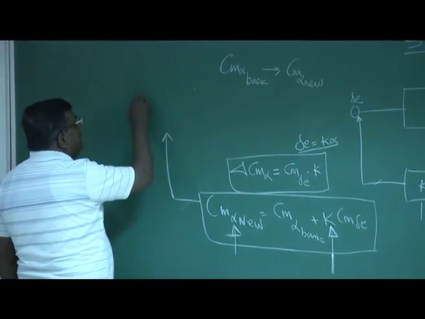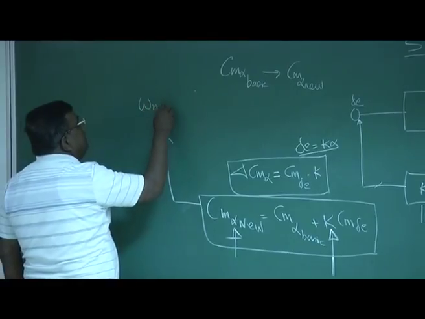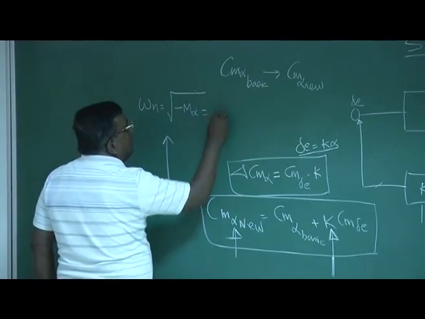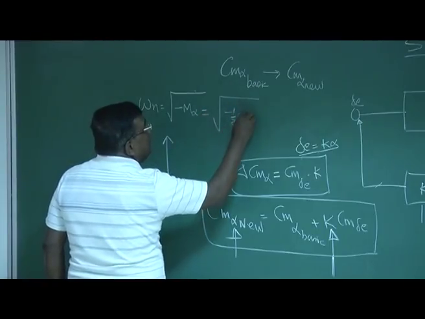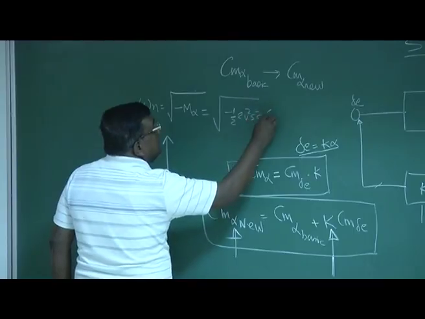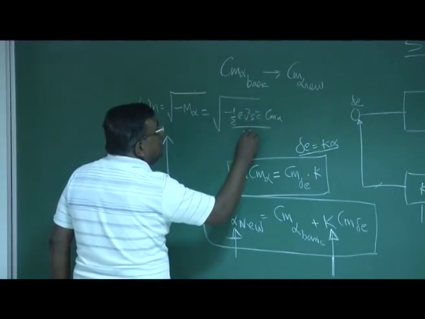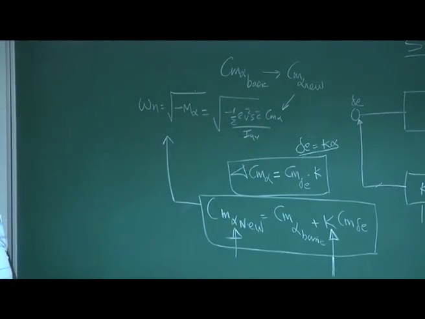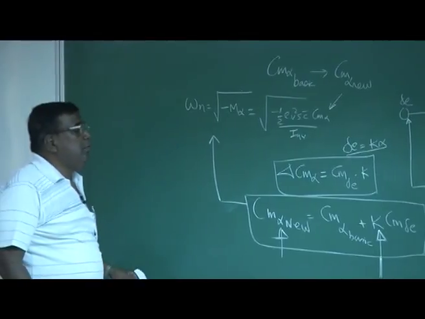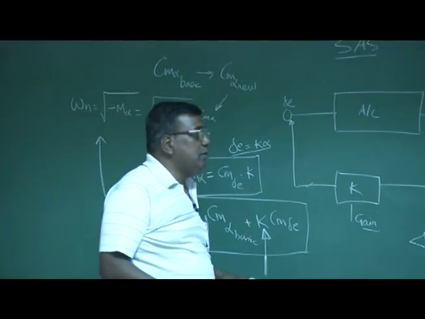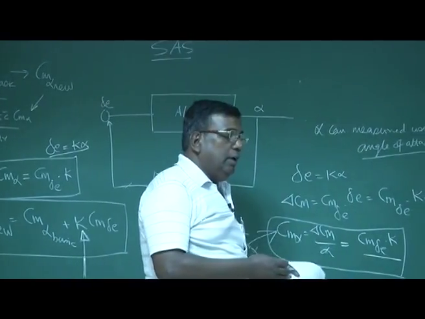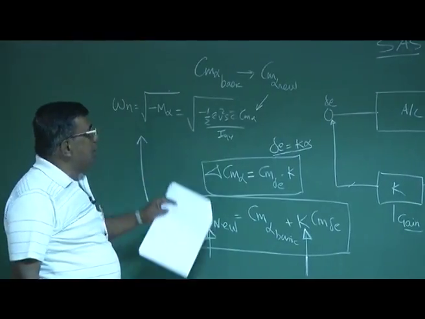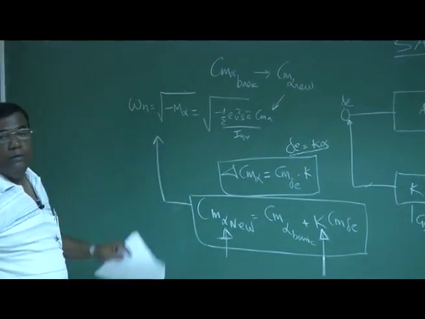It affects primarily the natural frequency, omega n, which is under root of minus M alpha, equal to under root of minus half rho V square S c bar Cm alpha by I y. You are changing the Cm alpha and omega n is getting changed. Right? So if we need to change the natural frequency from this value to that value, I can tune K to get that Cm alpha value or that omega n value.